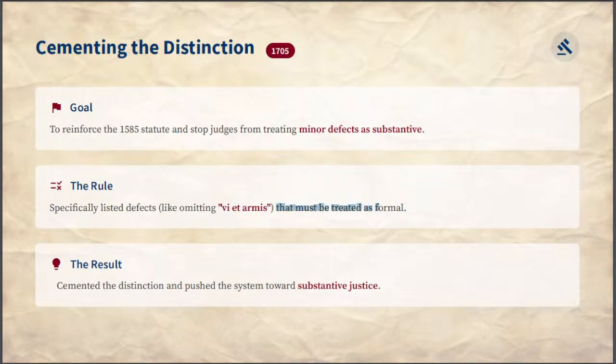That must be treated as formal. And the result was cemented the distinction and pushed the system toward substantive justice, not looking merely at the technicalities of the pleadings and letting cases be ruled based on those mere technicalities and overlook substantive parts of the case.